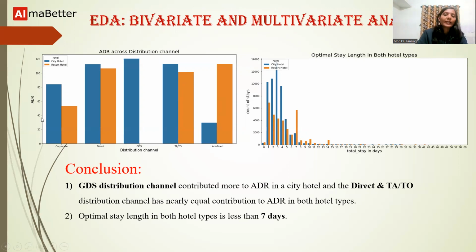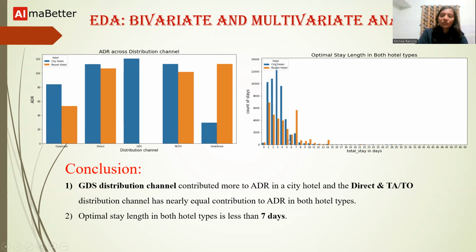For that I used a bar plot for visualization, and I got the insight that the GDS distribution channel contributed more to ADR in the city hotel, but there is no contribution in the resort hotel from the GDS distribution channel, and the direct and TATO distribution channels have nearly equal contribution to ADR in both hotel types.